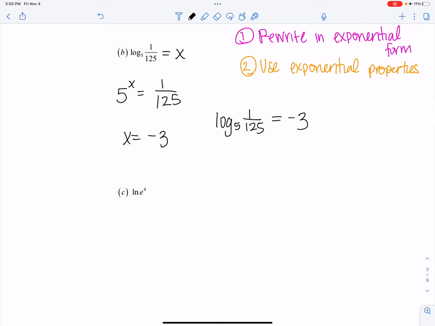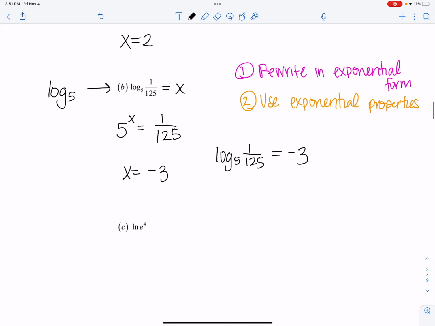Okay, let's do one more. We have natural log of e to the 4th. Now, the first thing you're probably thinking is, what is a natural log? What is this ln? Up here, we had log base 5.